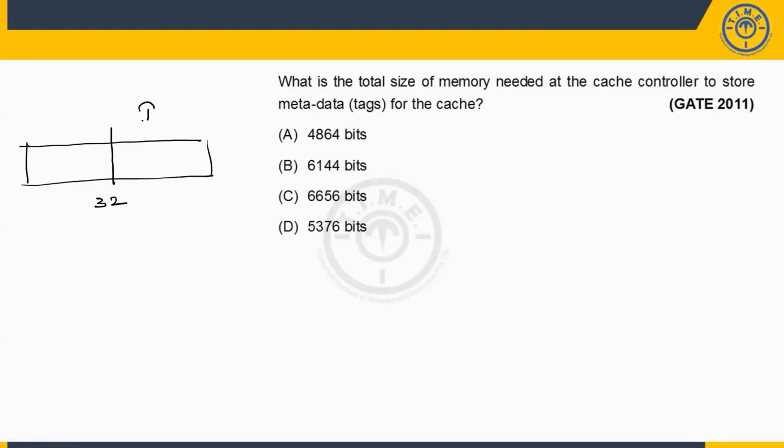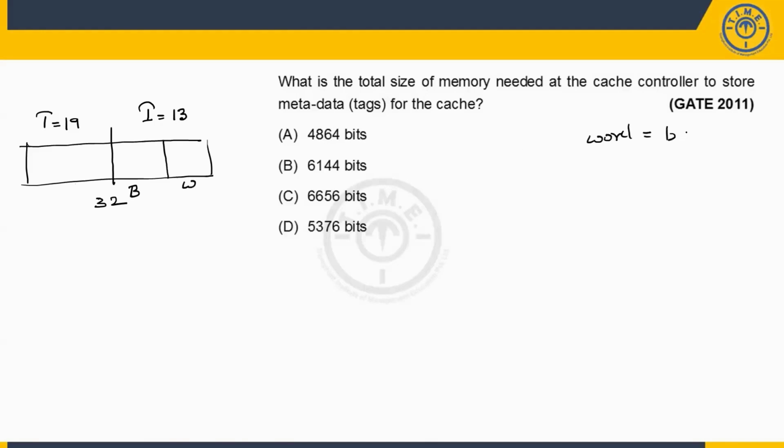So initially we need to divide the address into index and tag. What is index? Index is equal to the cache size, which is 13 bits. And the remaining tag is equal to 19 digits. Index will again be divided into two more fields, that is the block field and the word field. What is the word field?